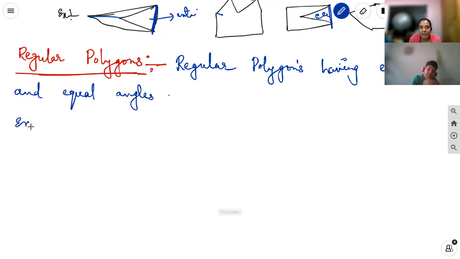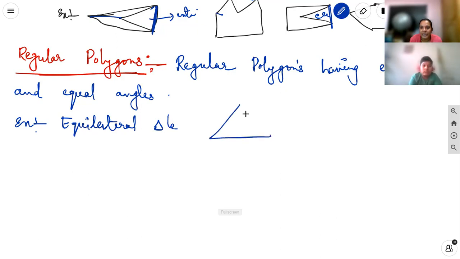For example, equilateral triangle. In this all sides are equal, x, x, x, and the angles are equal, 60 degrees, 60 degrees, 60 degrees.